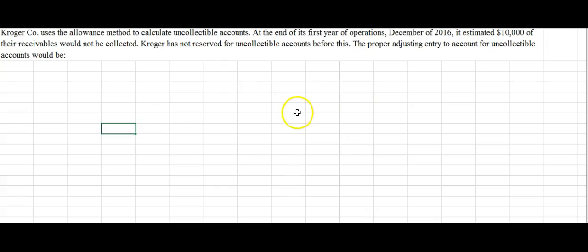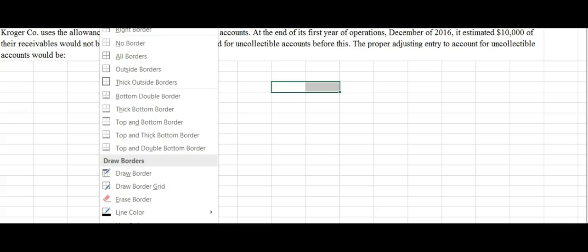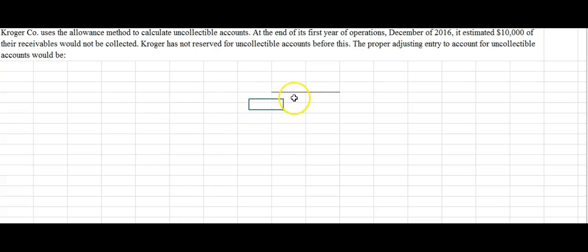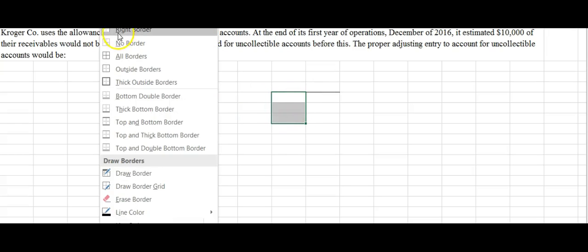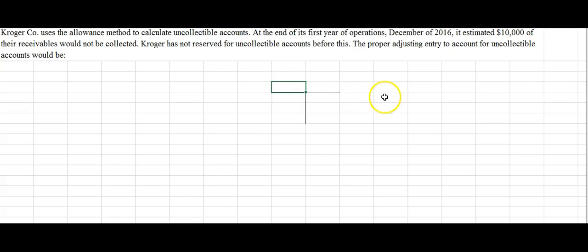So let me just do the accounts before. So if I come over here and I say that my allowance for uncollectible accounts has a zero balance, right? So I have an allowance for uncollectible accounts. Let's do it like that. It has a zero balance, okay?